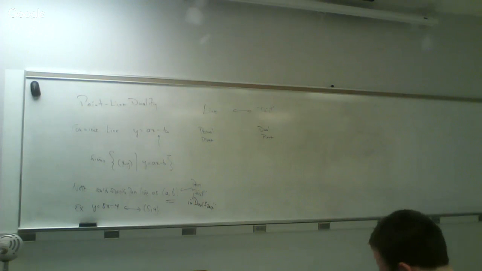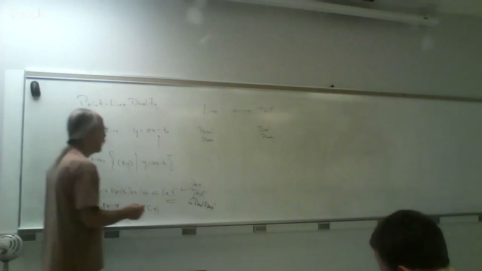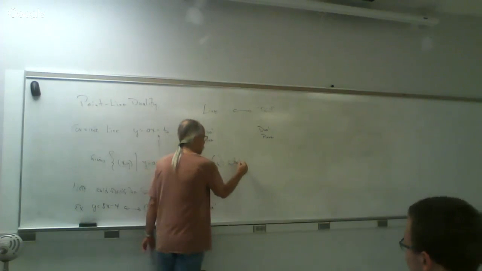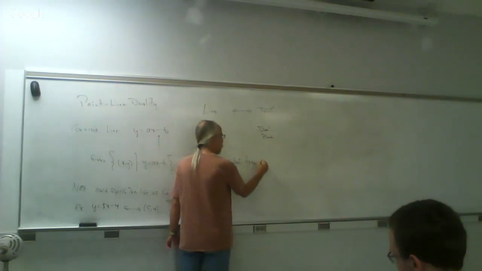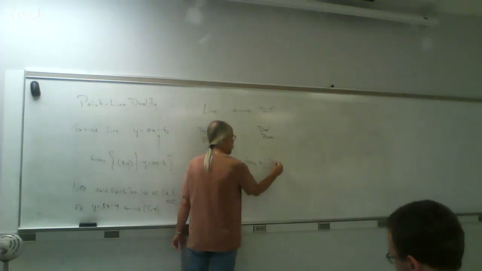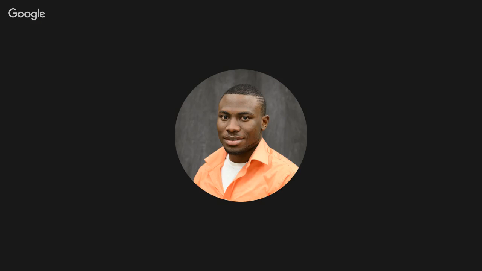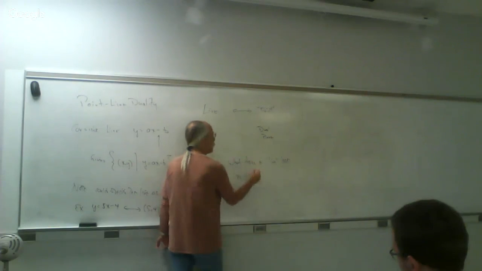So with this thought in mind, with this primal plane and dual plane idea in mind, a reasonable question is, what does a line look like in the dual plane?